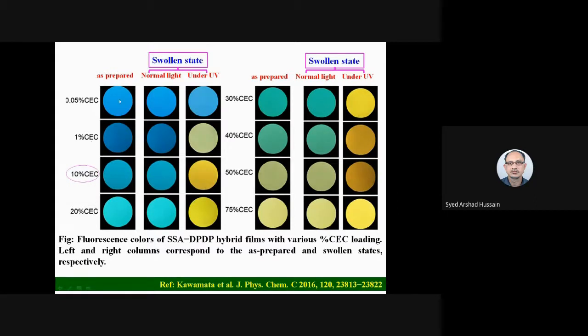This is the image of the film just as prepared. Then we put some solvent, here we use DMSO, in the clay. Then again we observe no color change. The second row, you see, is exactly similar to the first row.